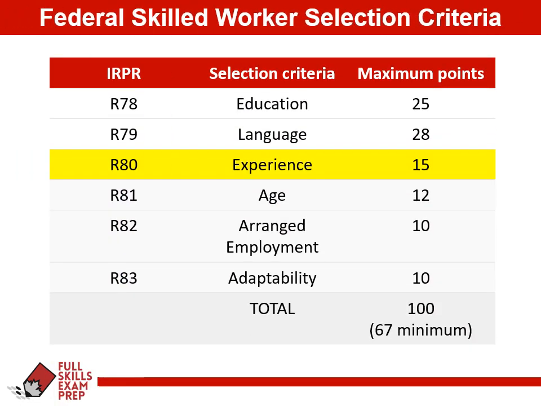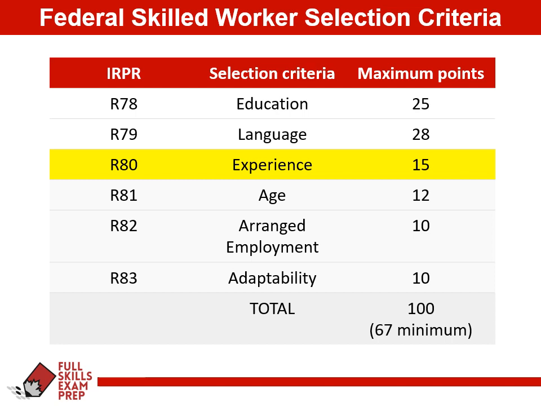Okay, so let's take a look at experience now. So we're just about halfway through this point system, and experience, if you remember, is one of the minimum requirements for the Federal Skilled Worker Program. So if you remember from the previous video about the general requirements of this stream, there is an experience requirement, and it's 1 continuous year of NOC OAB experience.